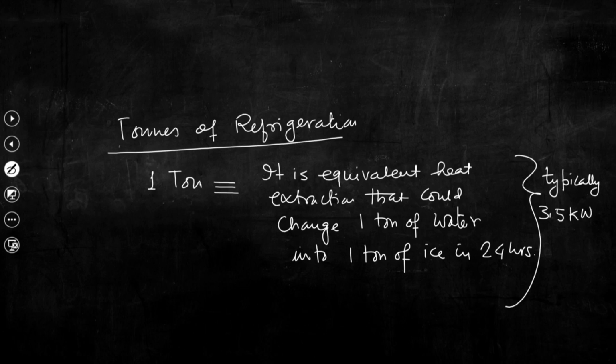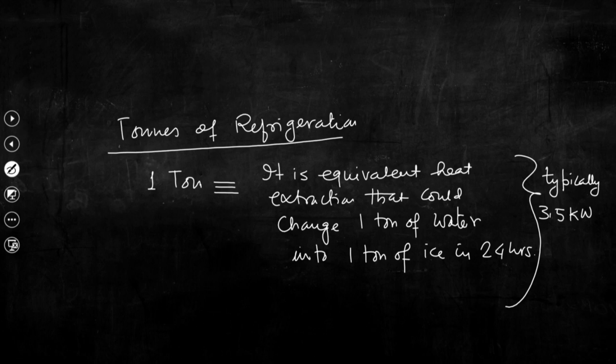In other way you also can define it, this is equivalent heat transfer from the surroundings, that is equivalent to melt or convert 1 ton of ice into water in 24 hours.